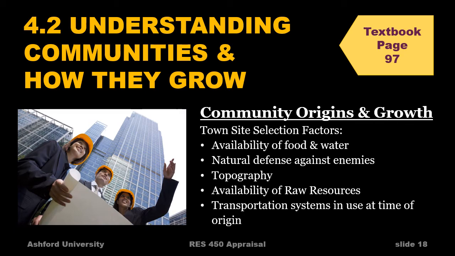When cities were first founded centuries ago, the town site selection factors were based on availability of food, water, and natural defense against enemies, topography such as mountains and flatlands, availability of raw resources, and transportation systems such as railroads in use at the time of origin.